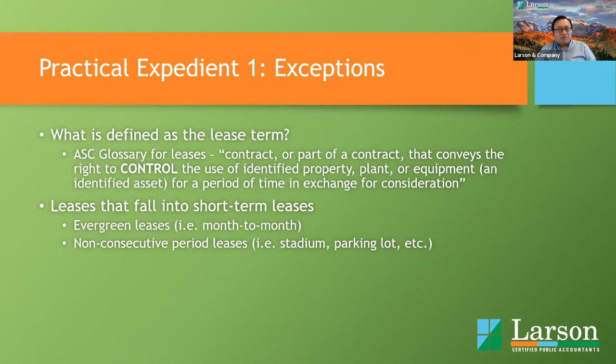does it qualify me for this short-term lease? Well, the ASC glossary for leases mentions that a lease is a contract or part of a contract that conveys the right to control the use of identified property, plant, or equipment for a period of time in exchange for consideration.